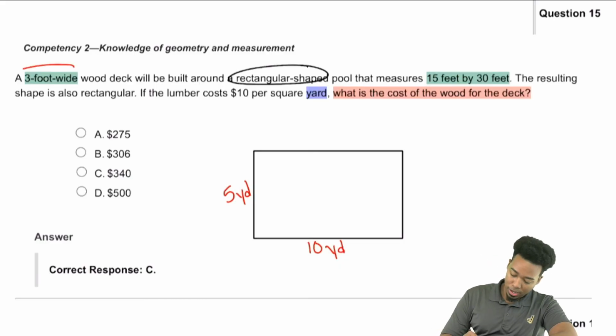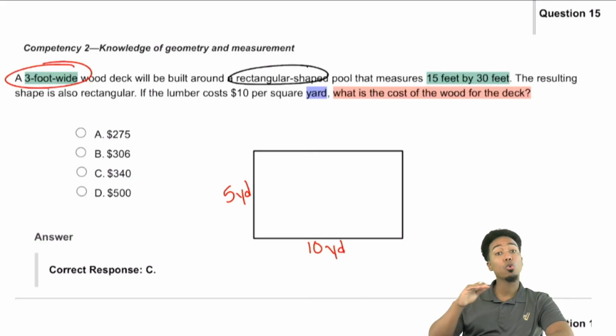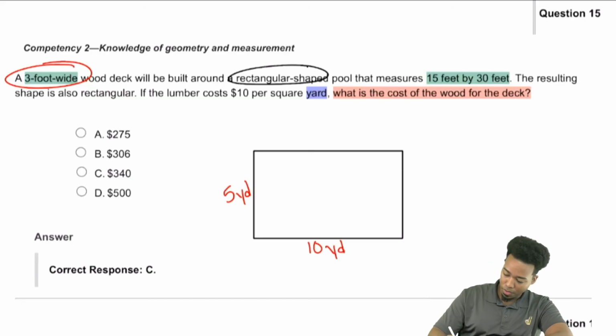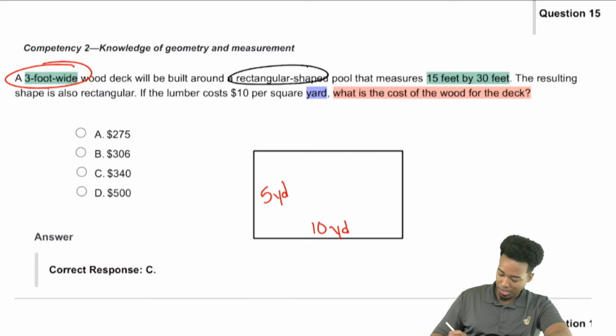Well, it says, again, a 3 foot wide deck will be built around it. So let's go ahead and do that. Let me move this to the inside, just in case I need that space. So I'll use green here to draw that around.